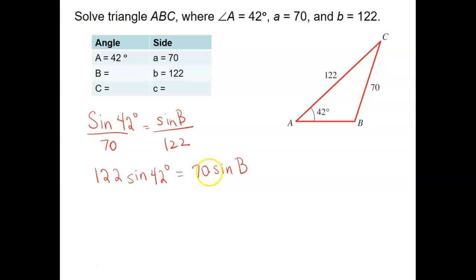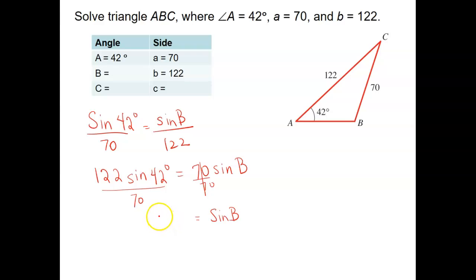We need to get rid of this 70, so I'm going to divide by that. So we'll have sine of B equals, and at this point I'm going to go ahead and put this in the calculator.